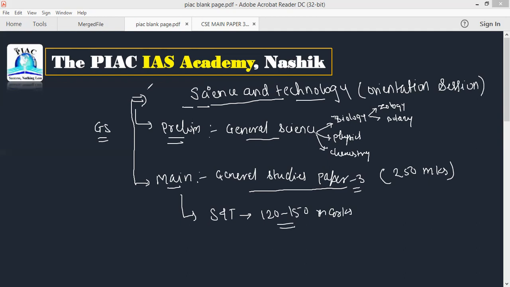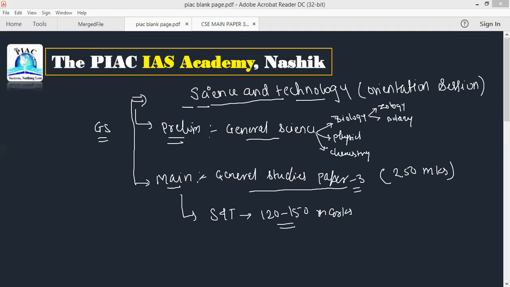Actually, it can vary around 120 to 150 marks. And if I talk about last year, the 2021 mains question paper, science and technology included around 150 marks of questions in General Studies Paper 3.